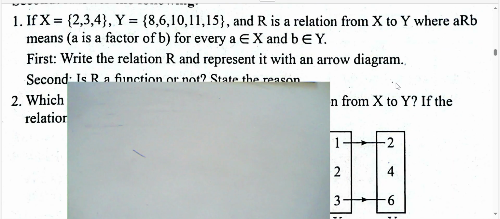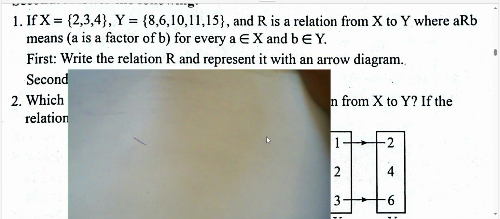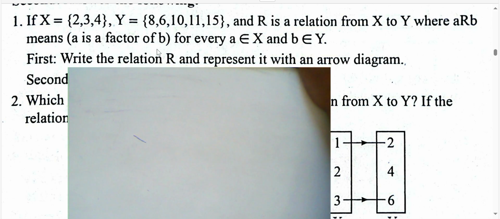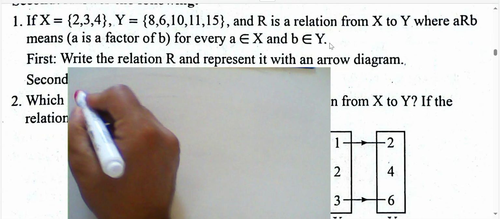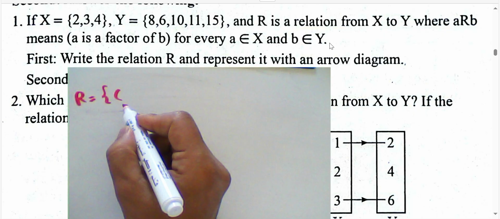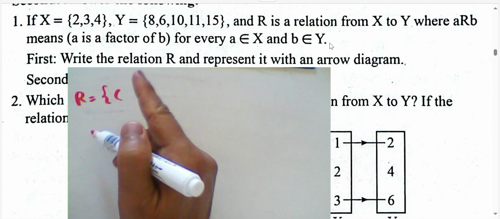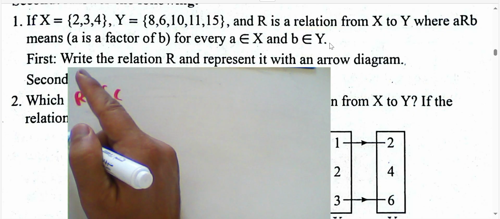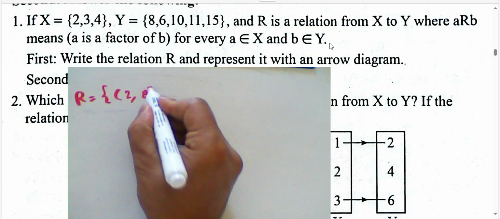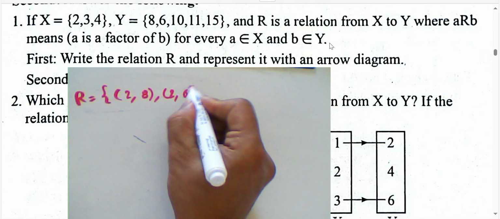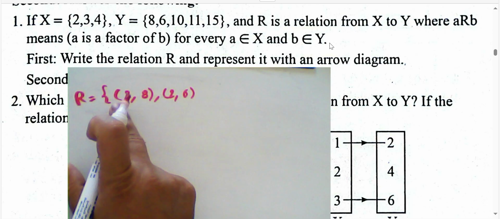Next question, second. Answer the following. We have function X and Y. The relation between them, a is a factor of b, arrows going from X pointing to Y. We can write the relation here. He tells us in the example a is a factor of b, like 2 is a factor of what? 2 is a factor of 8, and also 2 is a factor of 6, because 6 can be divided by 2 and 8 divided by 2.